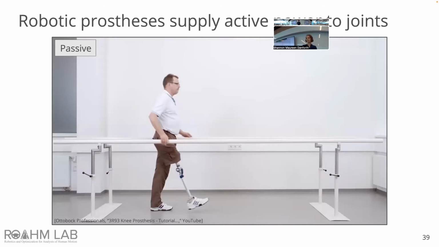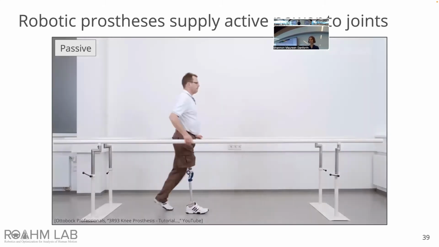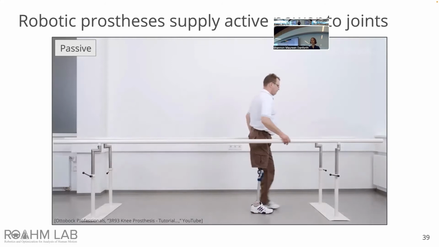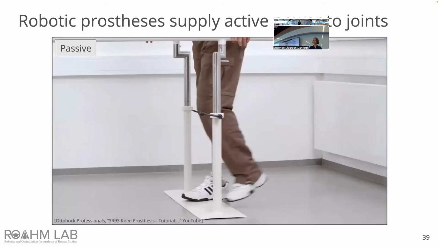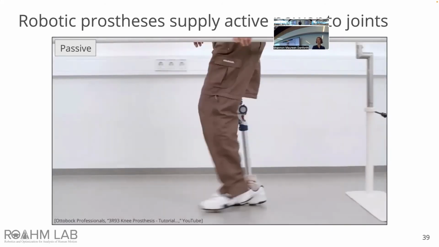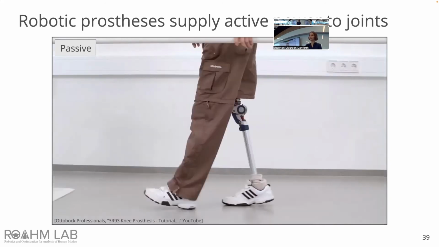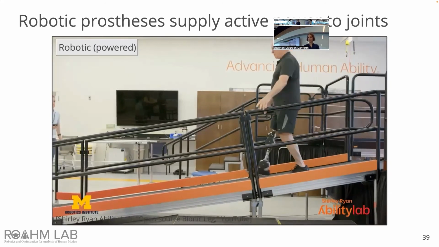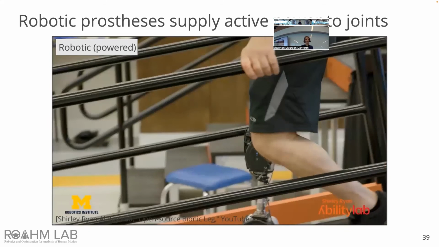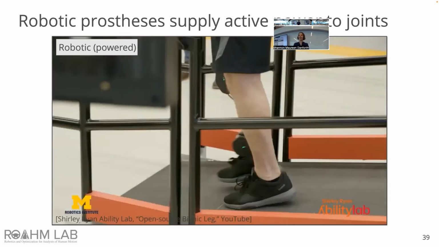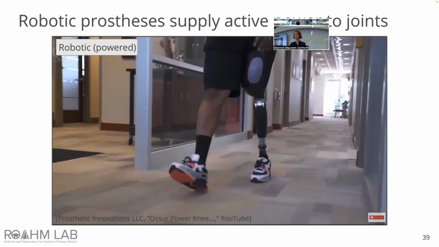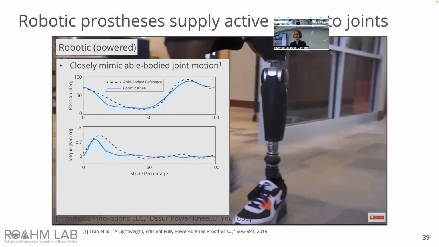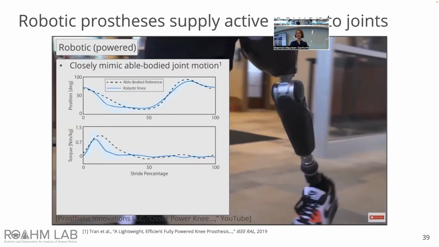So many people with lower limb amputation use passive prostheses. And these prostheses have mechanical components, such as a spring or a damper, to provide assistance during movement. Robotic prostheses have some sort of actuation, like a motor, that can supply active power to joints. And using this actuation, robotic prostheses aim to more closely mimic able-bodied motion.